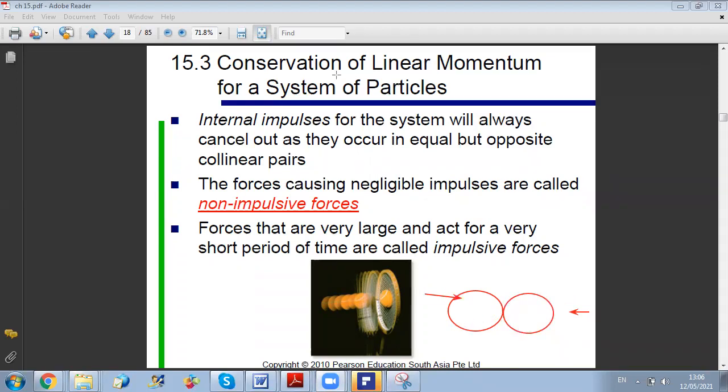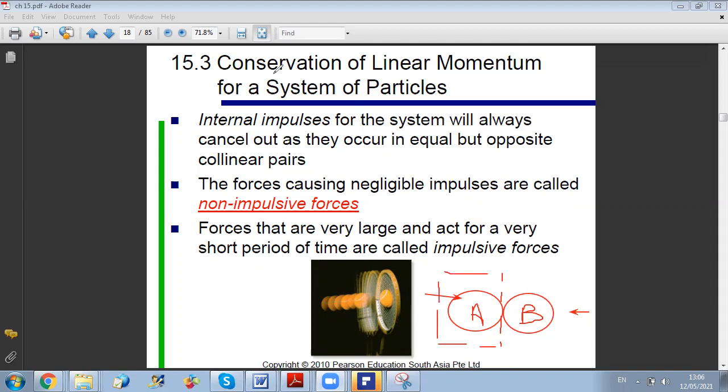This is particle A and this is particle B. If I take the free body diagram of A alone, meaning I take A as the system, what are the forces acting on A?